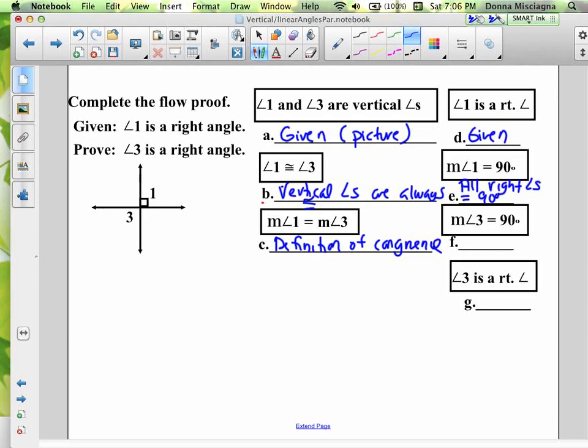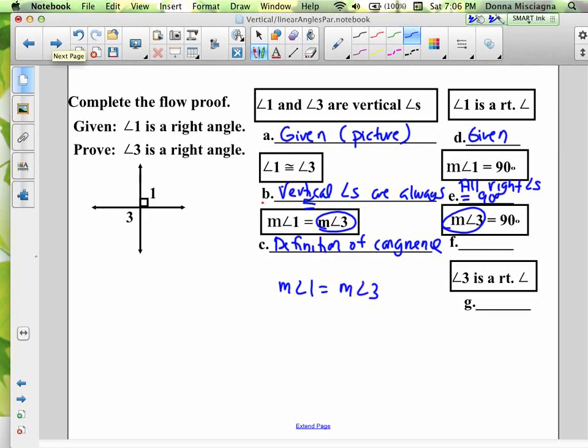All right? But let's look around our proof. Notice I see angle 3 written someplace else, over here. So let's take a look. The measure of angle 1 equals the measure of angle 3.